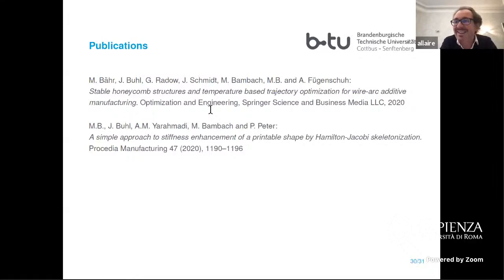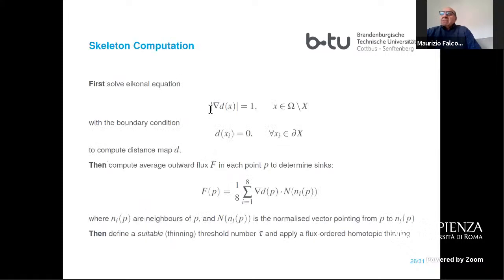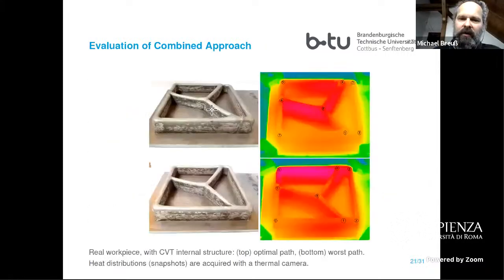The optimization of the trajectory that is done to put the material could be rather difficult because you also have a lot of constraints with respect to the motion of the extruder.